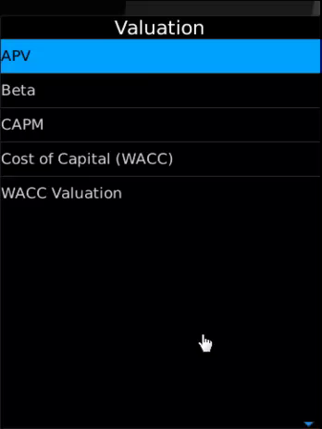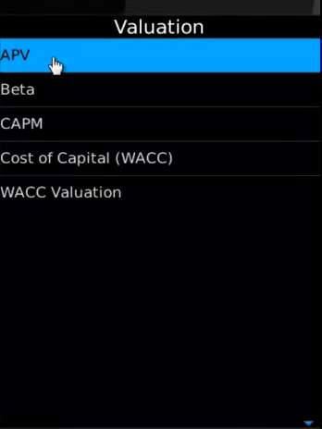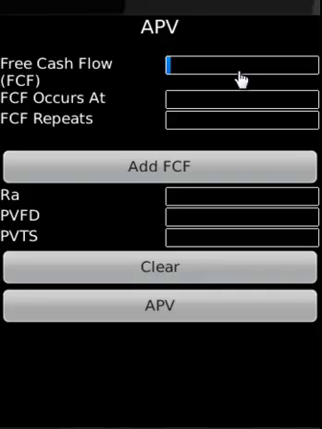The Valuation BlackBerry application calculates adjusted present value, beta, CAPM, cost of capital (WACC), and WACC valuation. Adjusted present value: we enter free cash flows and we can specify the time the cash flow occurred, or we can leave it and it will start from 1.